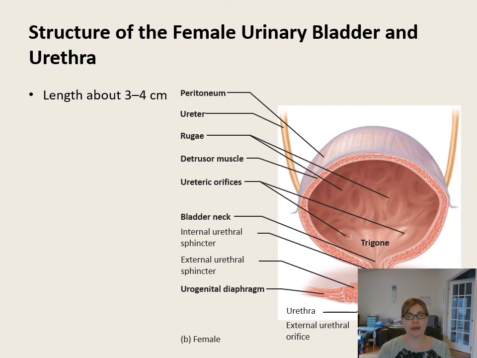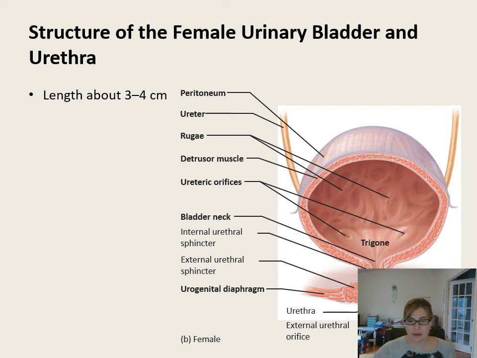Female urinary bladder, we already mentioned a little bit. The trigone, the rugae, the ureters, and at the end, you're supposed to be able to see the urethra and sphincters. Let me give you a page so that you can look at it on your own. 1003.